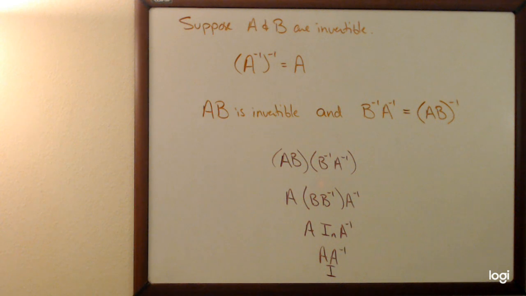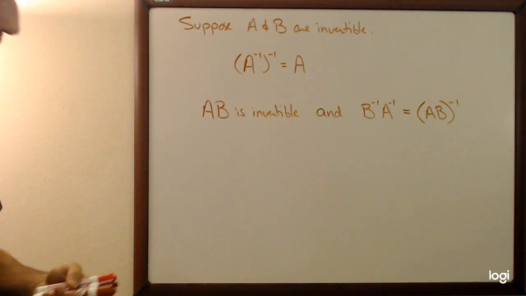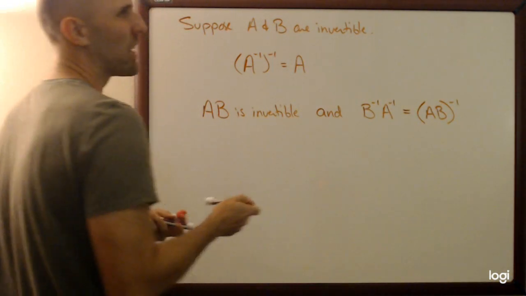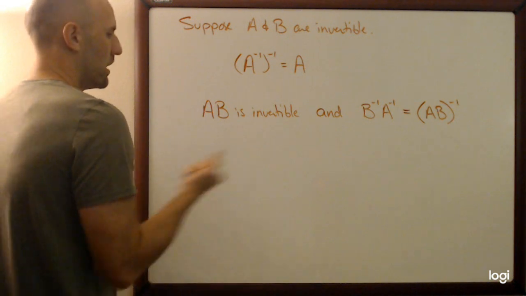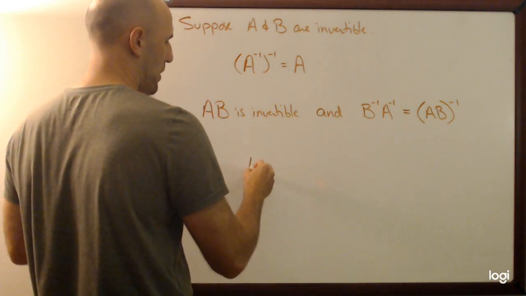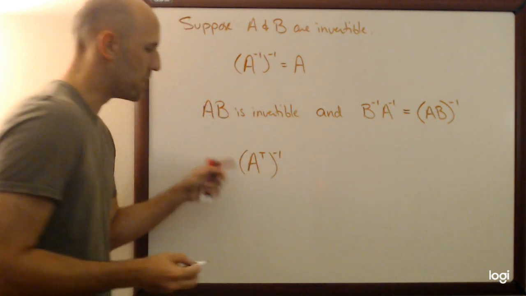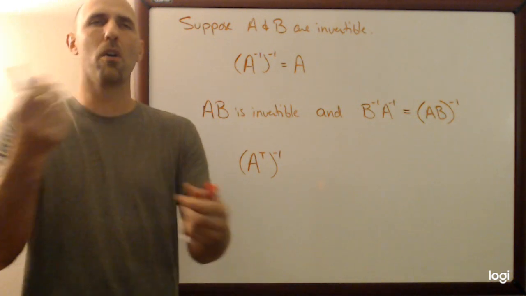Okay? And it turns out that transpose also works very nicely with inverses. Seems like it should, right? Remember from the very first section in chapter 2, we defined transpose. A transpose is the matrix you get from A by just swapping all the rows and columns.